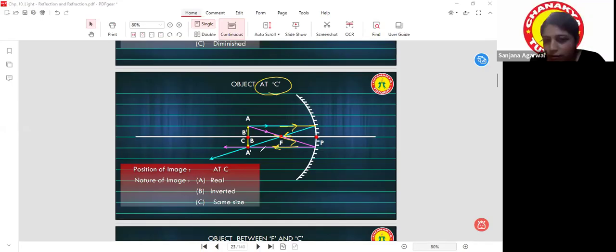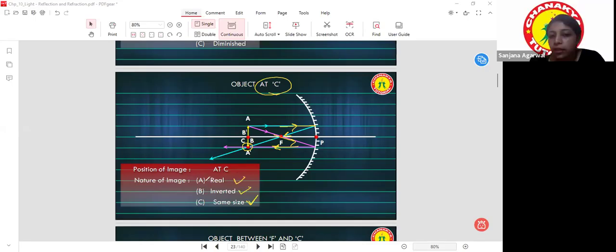So draw this diagram on your own, practice on your own. You'll get the intersection point exactly at the center of curvature. So in this particular case, we get the same sized image as the object. It will be inverted, it will be real.